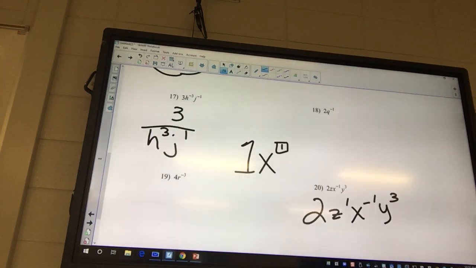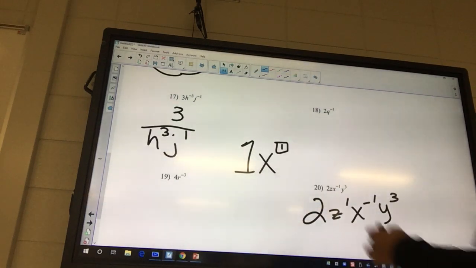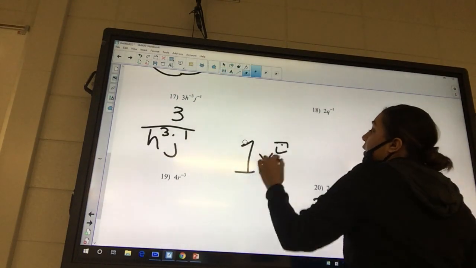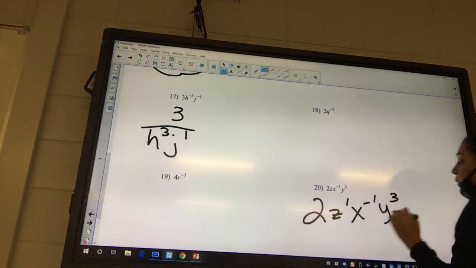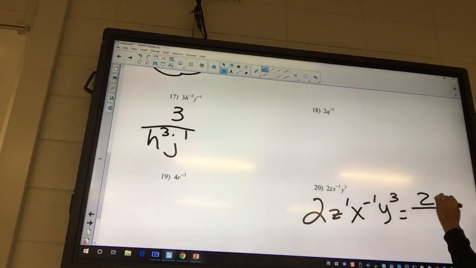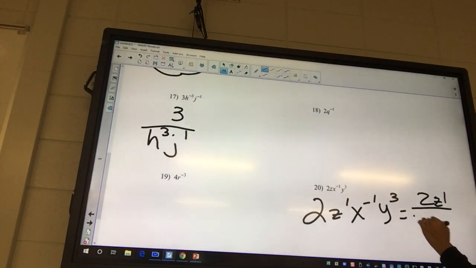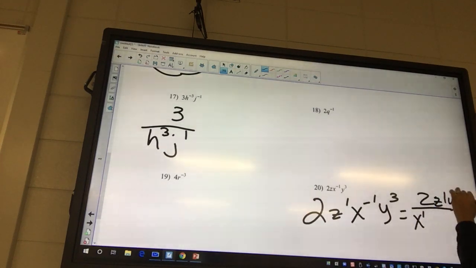Once you get there, now you know how to move stuff around. It's really going to look like 2z to the 1, x to the 1, y to the 3rd.